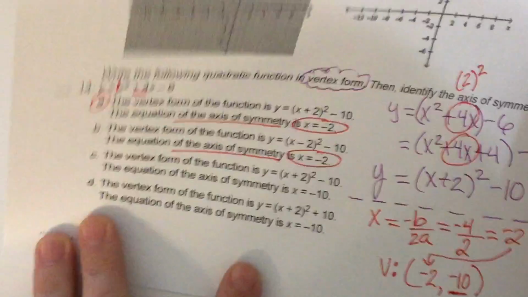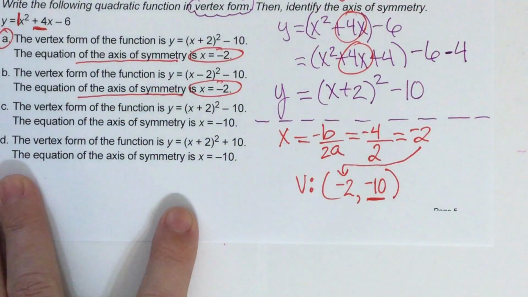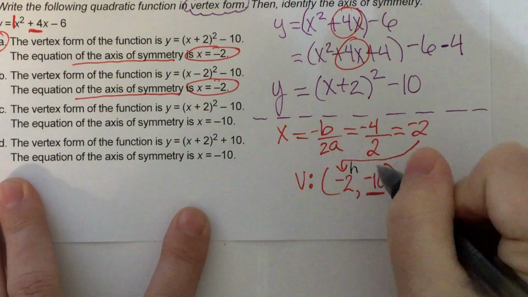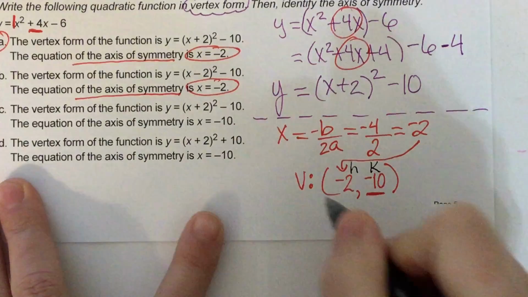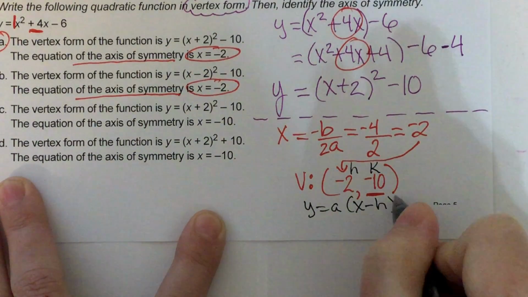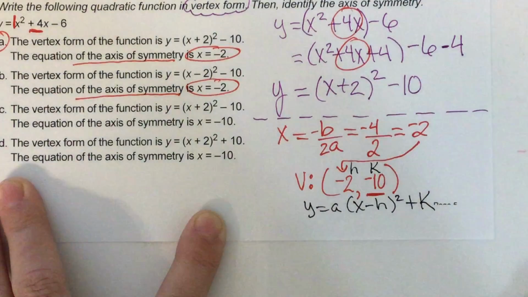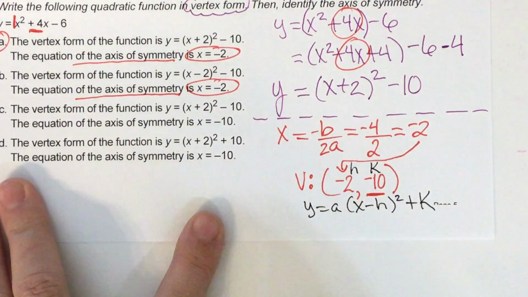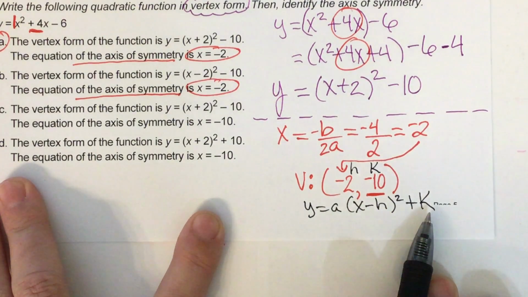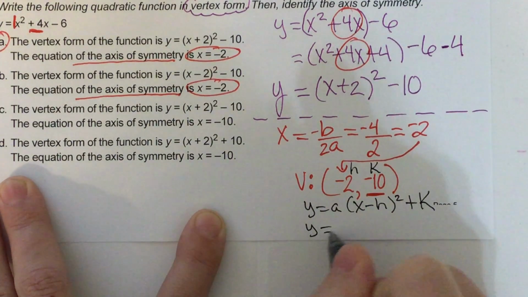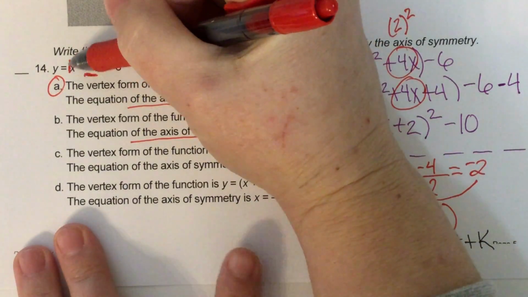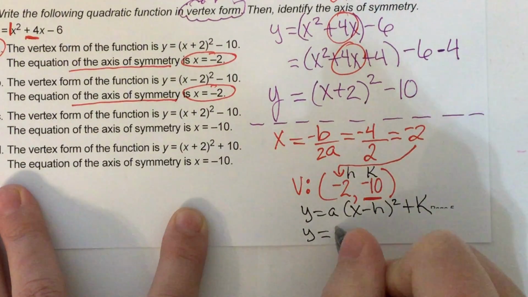Okay. So remember, the vertex is your h and your k. When you write something in vertex form, it looks like this. What we need to do is plug in our a, our h, our k. So it's going to go y equals, a is the number in front of the x squared, so a is 1.